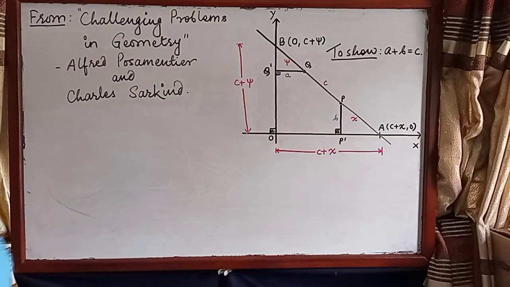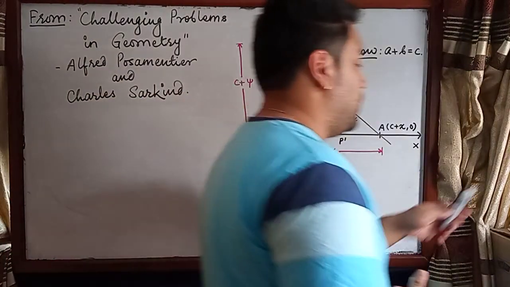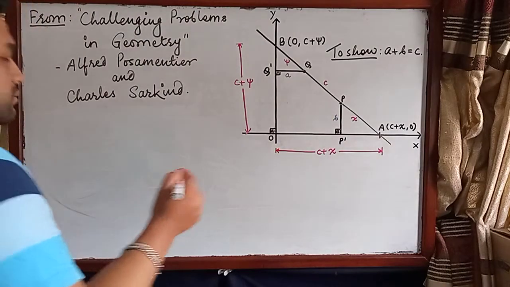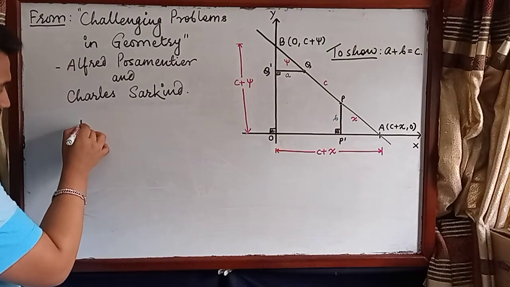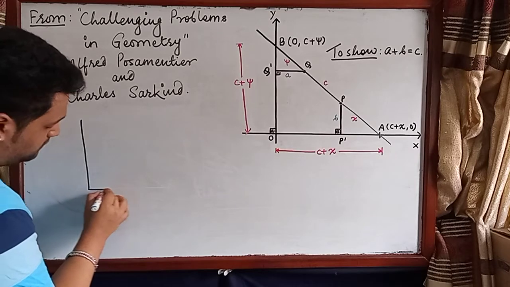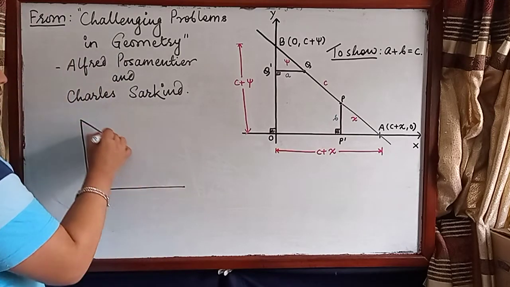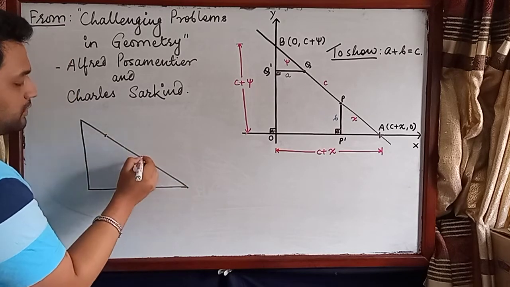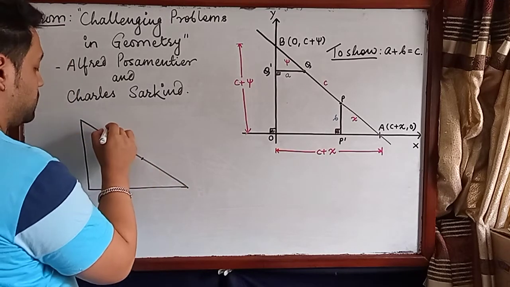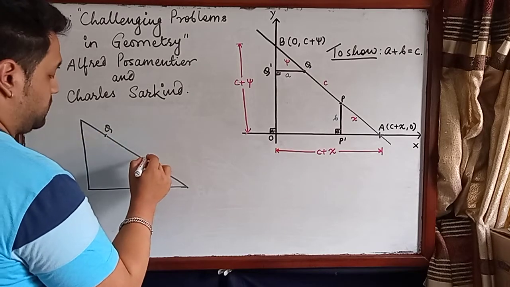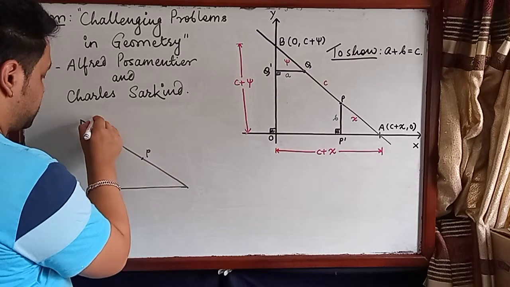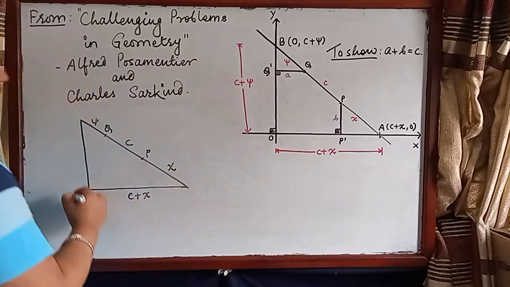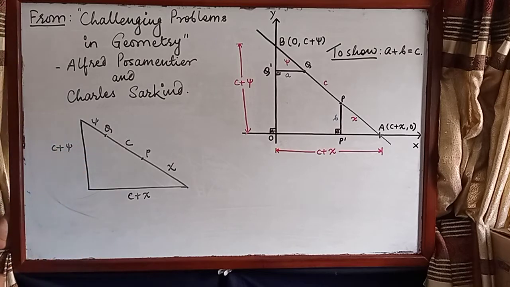Now, if we drop a perpendicular, let's see. Here we have PQ. This is c plus chi, this is c plus psi, right?